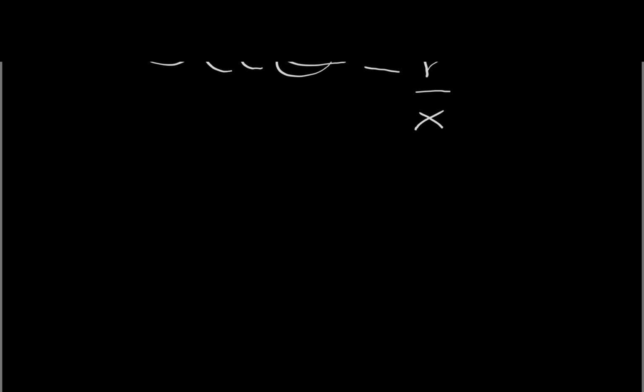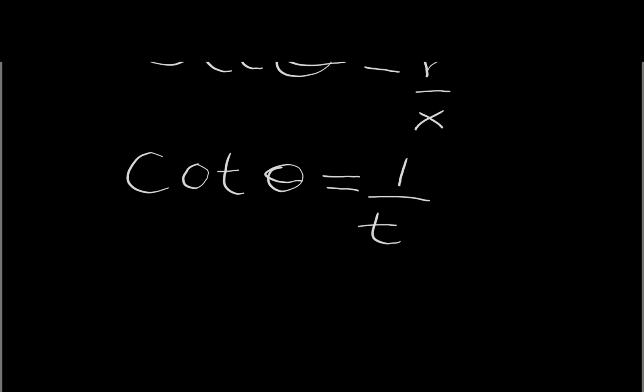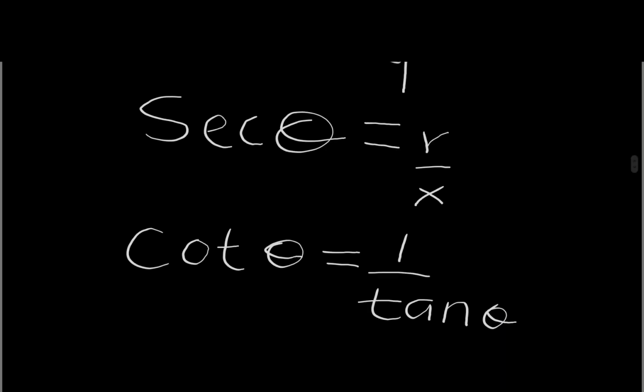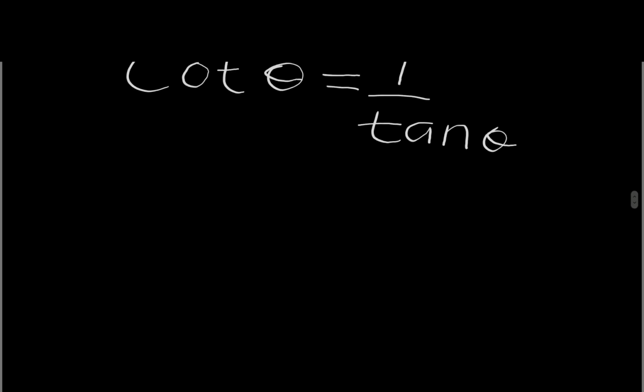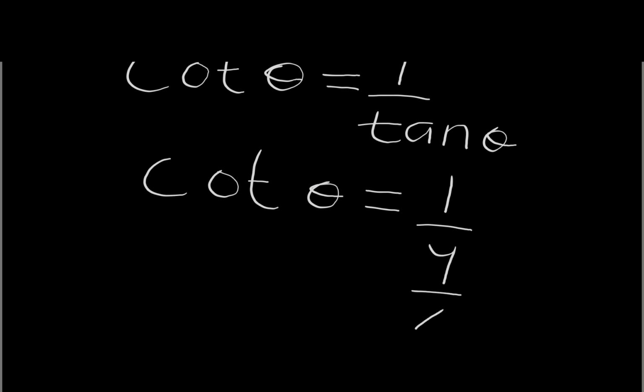We also know that cot theta is equal to 1 divided by tan theta. And what is tan theta? Let's check it. Tan theta is y over x. So our cot theta will now be equal to 1 divided by tan theta, which is y divided by x.